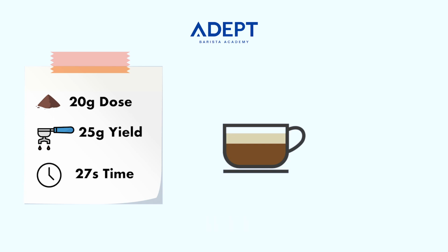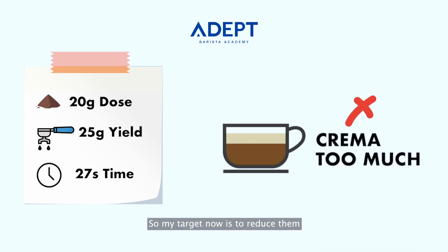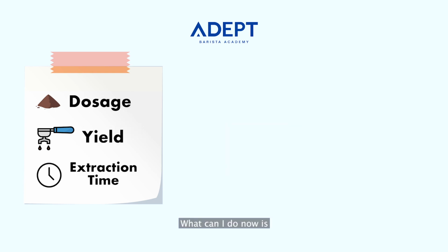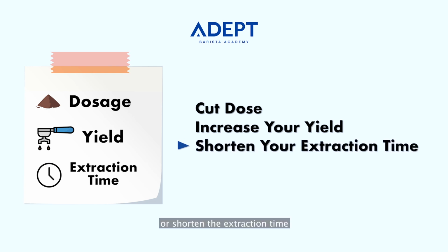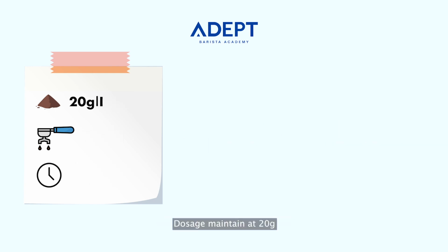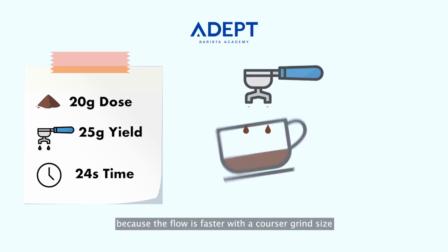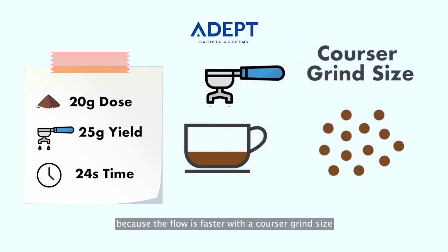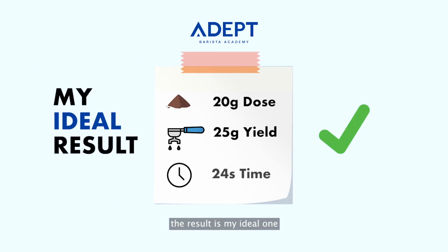The result is density is too high and the crema is too much. So my target now is to reduce them. What I can do now is cut dose, increase the yield, or shorten the extraction time. Dosage maintained at 20 grams, yield maintained at 25 grams. Extraction time has shortened to 24 seconds because the flow is faster with a coarser grind size. Finally, the result is my ideal one.